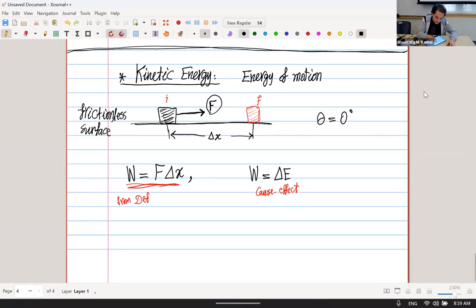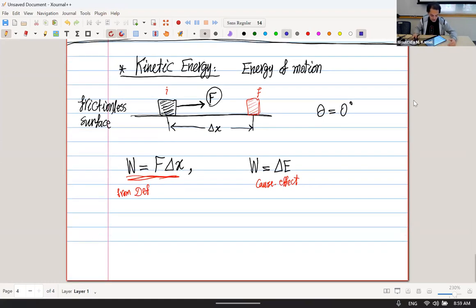We can combine both equations in one equation and say, okay, from these two equations, we have F delta x equals delta E, right? Force times displacement equal the change of energy.